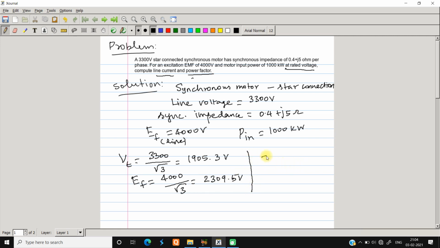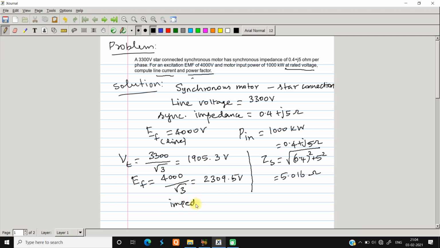So next we need to find out what is ZS. That is another parameter which we need to find out. We can find it from the value given as 0.4 plus j5 ohms. So square root of 0.4 square plus 5 square, the value will be 5.016 ohms. From that we need to find out another angle, that is the impedance angle.